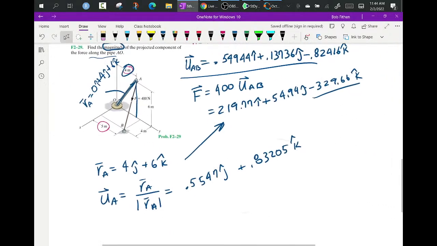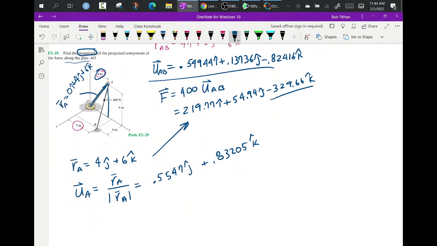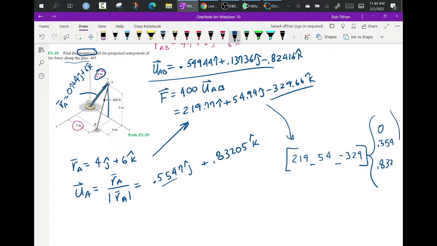In other words, if I list them like this, 219, 54, and minus 329, put it in a matrix where this is the blank, and here's the other one, which is 0.554, 0.832, and you multiply those out, you'll get this number times that, plus this number times that, plus that number times that. And that'll be your dot product.